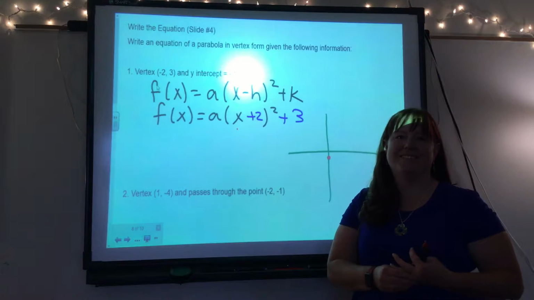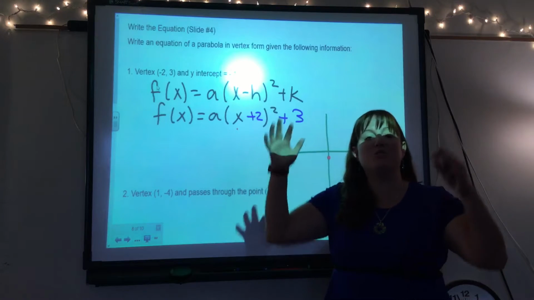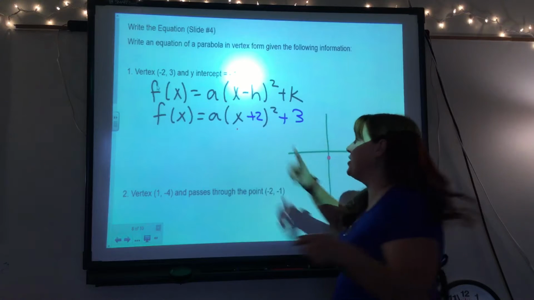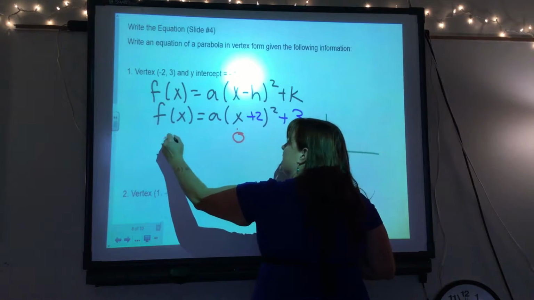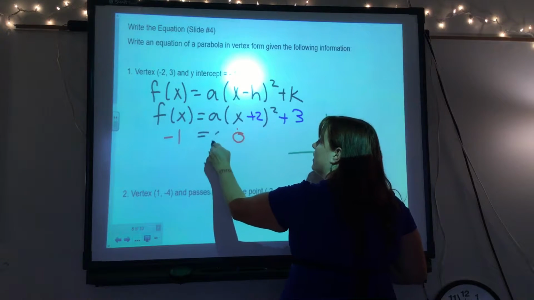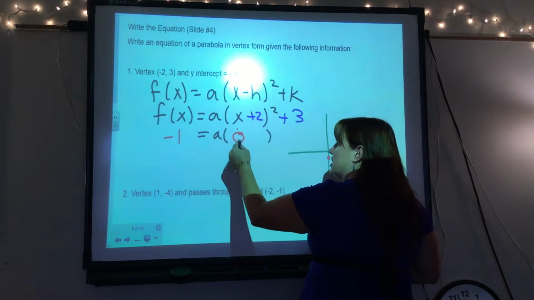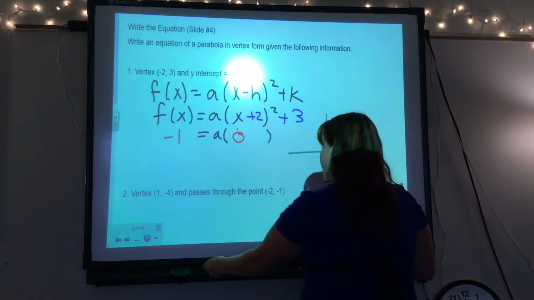Here, let's do this on paper instead of just in our heads. Ready? So we're going to put 0 in for x and negative 1 in for y, because we know that this function, if I put in 0, out comes negative 1.